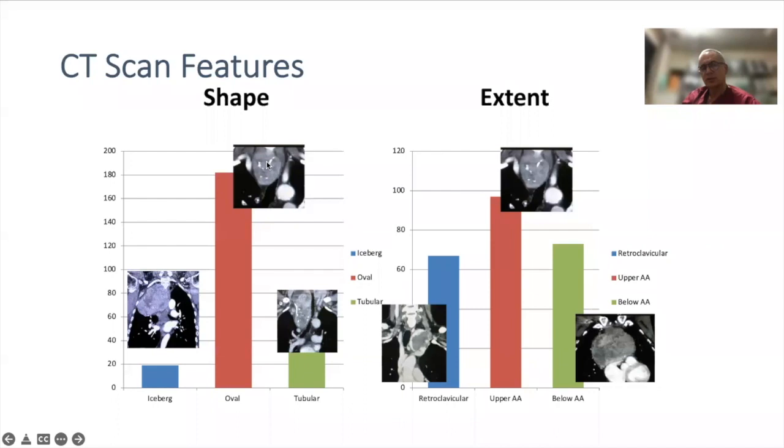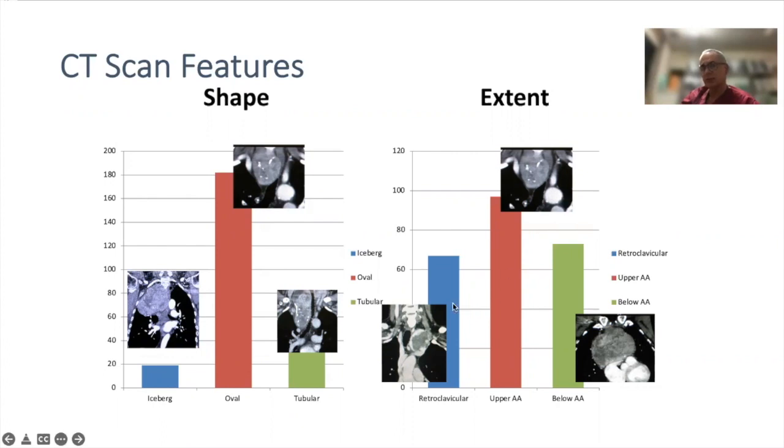The oval and tubular shapes, as you can see, we will be able to get hold of in the cervical region and track them. Whereas the iceberg ones are going to be very difficult to deliver through the neck.